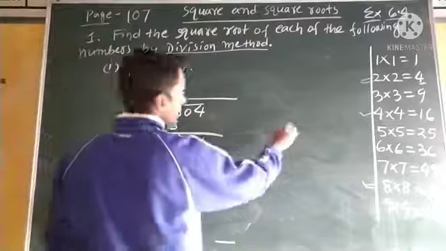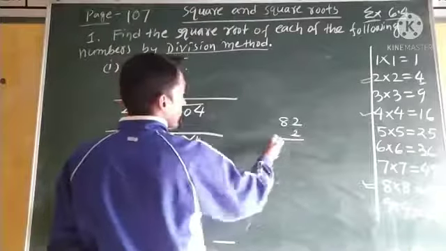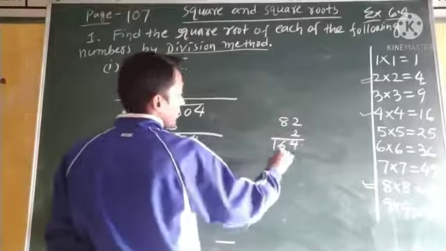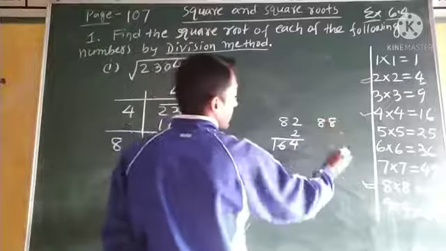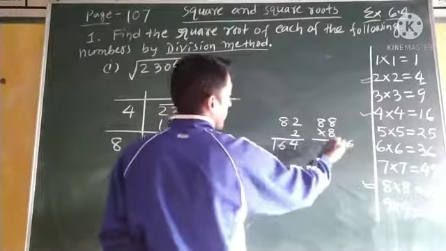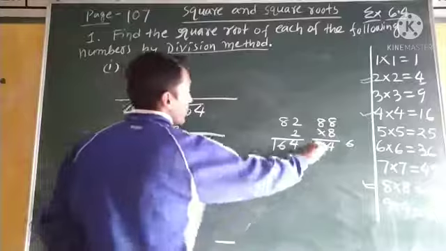If you try 2, check whether you get 704: 2 times 2 is 4, 2 times 8 is 16. That's not working, so next you try 8. 8 times 8 is 64, carry 6, 8 times 8 is 64 plus 6 is 70.